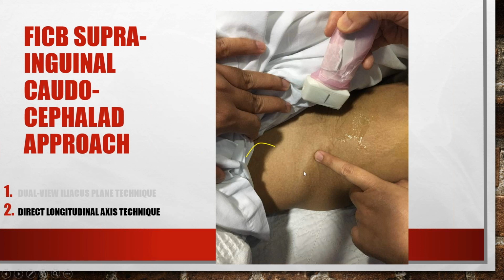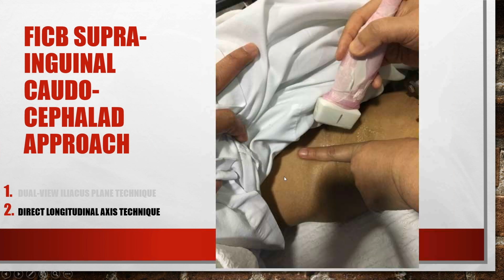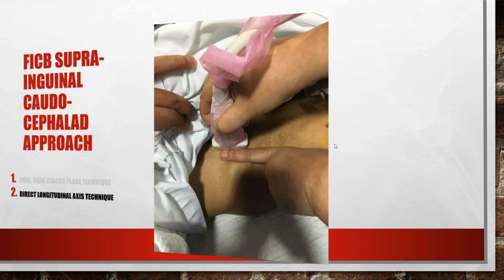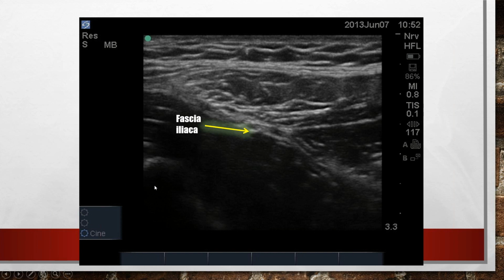Place one finger medial to the axis, and then position our probe just medial to the finger, and we aim the caudal end of the transducer at the inguinal ligament. At this point we can view the sonoanatomy: we can view the anterior inferior iliac spine, and this is our fascia iliaca.